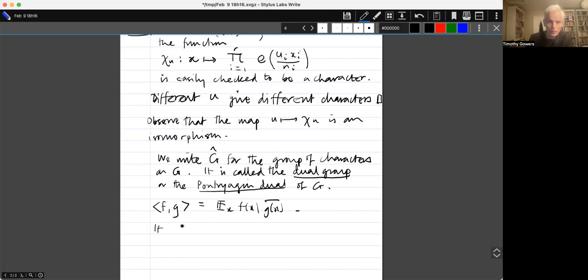But if I have two functions, which I'm going to put hats on, that are functions on the dual group of G, we define the inner product in a different way. We define it in the old-fashioned way with sums, sum over all characters chi of f hat of chi.